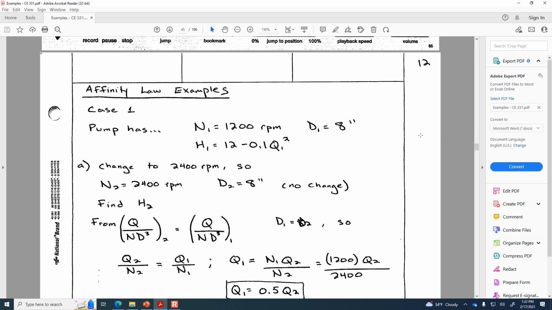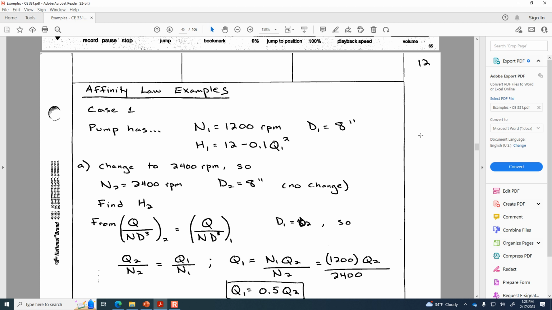If we put in the numbers, so N1 is 1200, N2 is 2400, then that just says Q1 is 0.5 Q2. So this is one of our relationships that we're going to substitute into the other. So we're going to take this relationship between the flow rate at condition 1 and the flow rate at condition 2. It's going to be substituted into here.